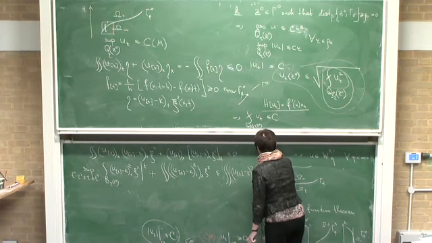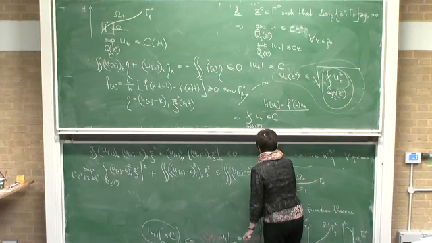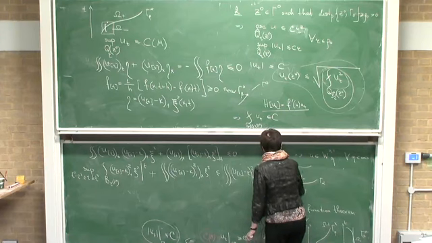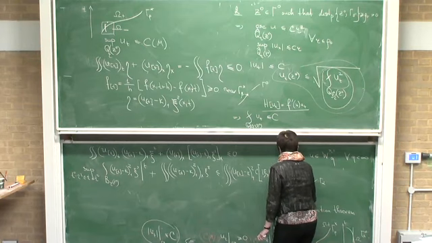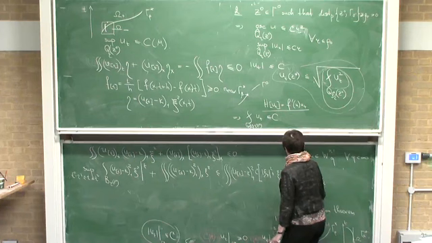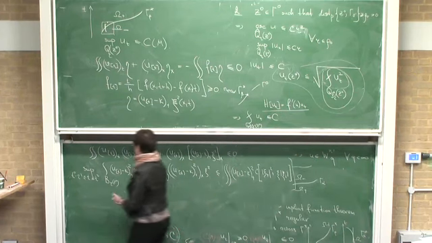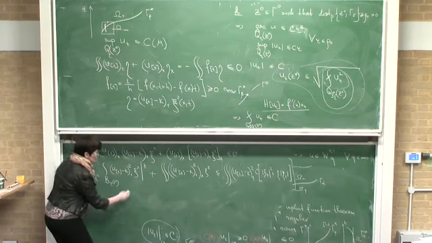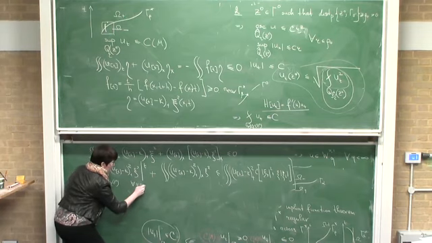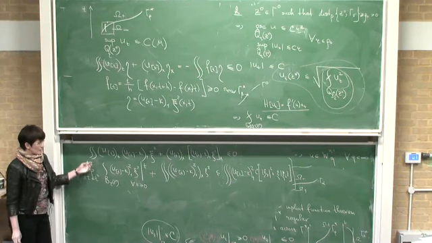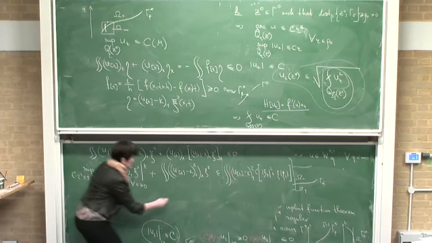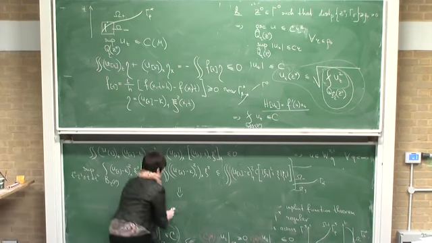Here it would be some constant, and such an inequality would be true for all k bigger or equal 0. But after that, we immediately get the estimate.